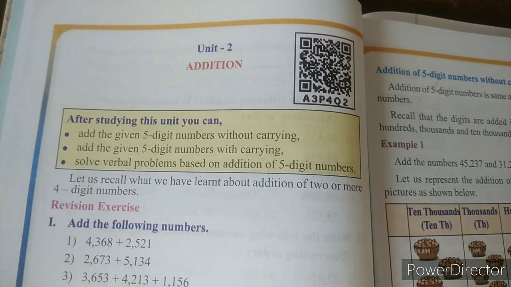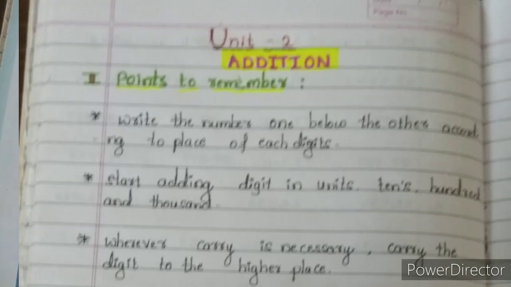Dear students, today I will introduce a new chapter, that is addition. Addition is one of the basic operations of mathematics. Dear children, there are 4 basic operations of mathematics.